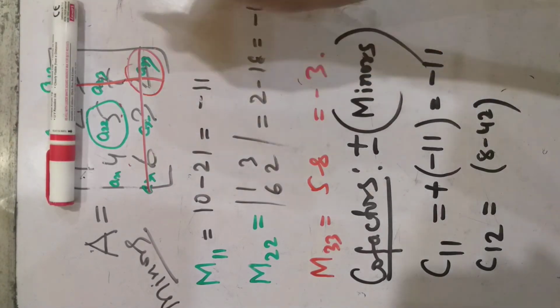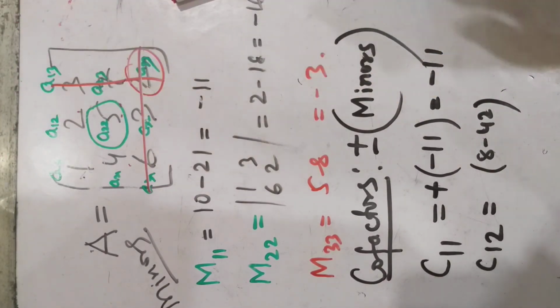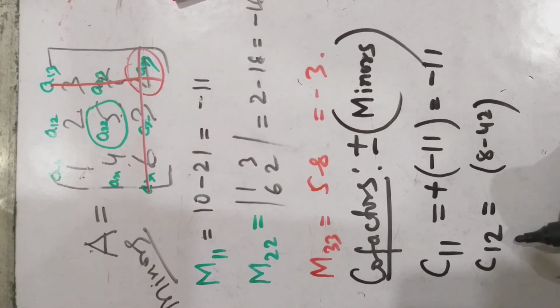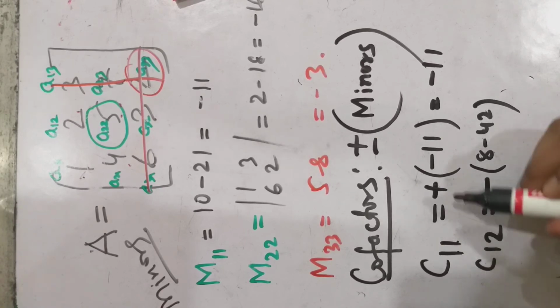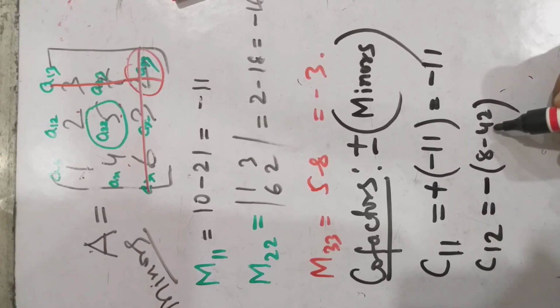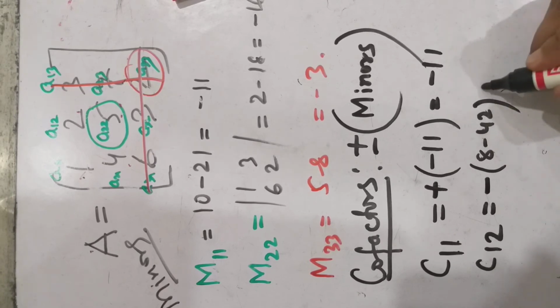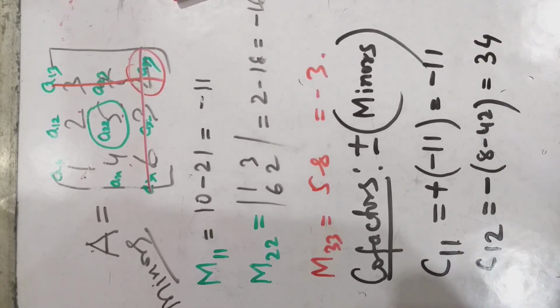But you know that the second one is a negative one, because 1 plus 2. Remember how negative and positive comes, that also can be seen from here. 1 plus 2 is 3, 3 is odd, negative. 1 plus 1 is 2, 2 is even, even is positive. So this is minus 34, 8 minus 42, and I get 34 positive because of the position sign.